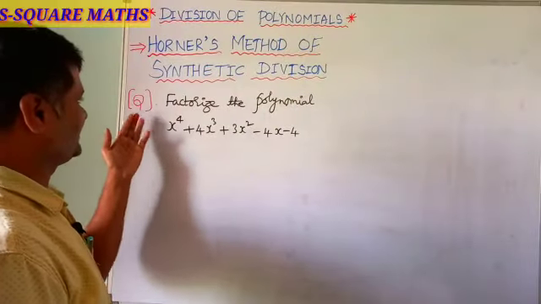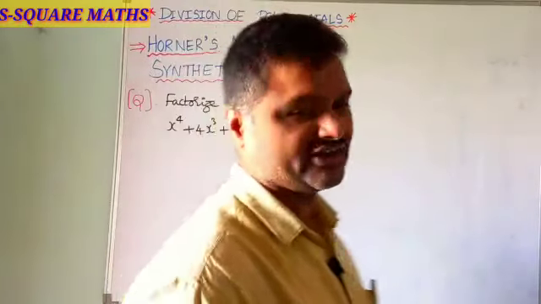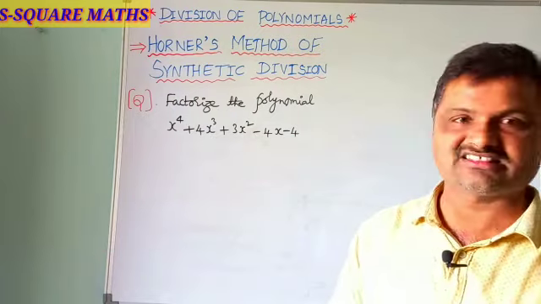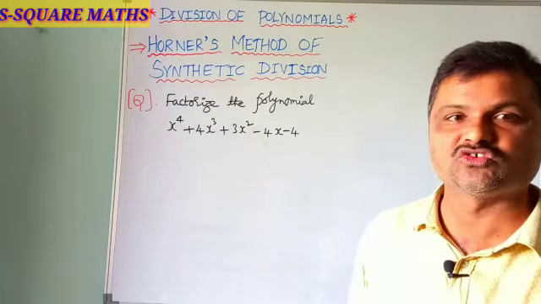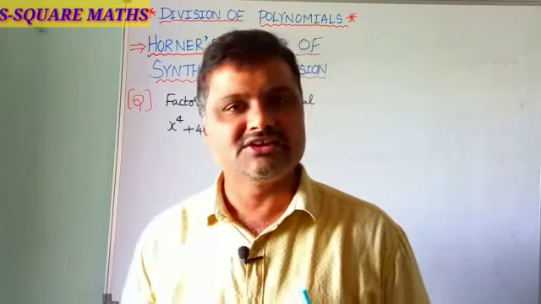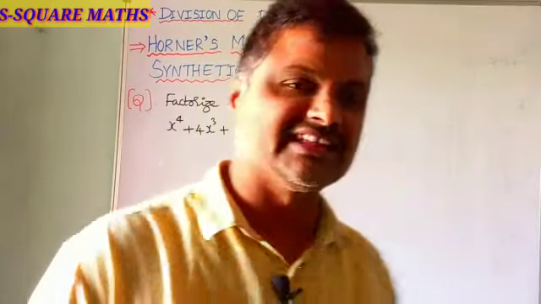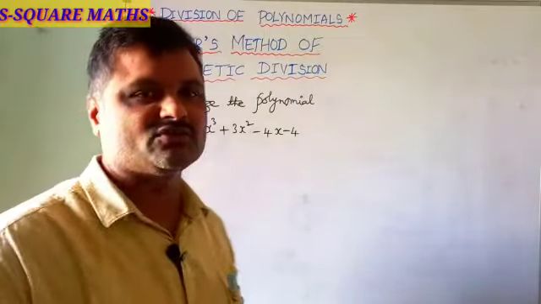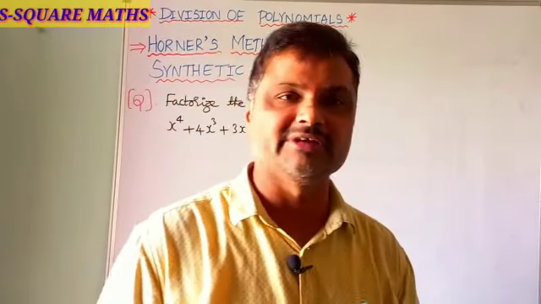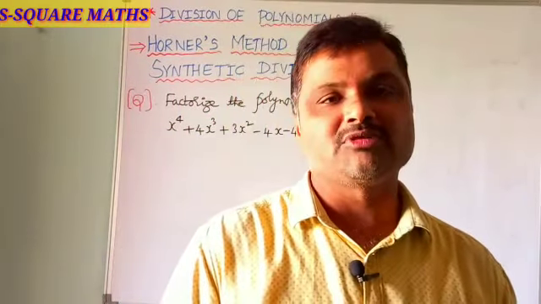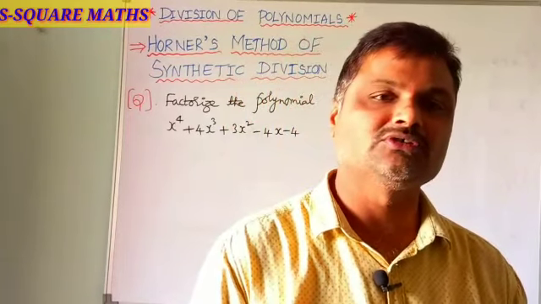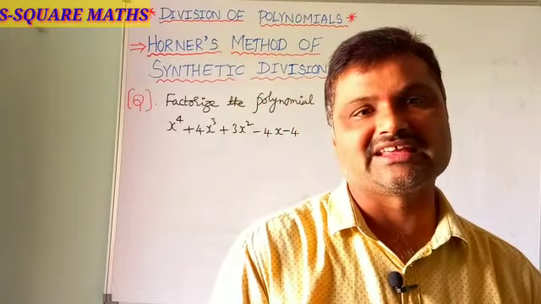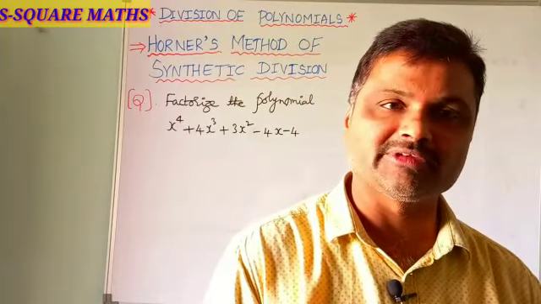Our question is: factorize the polynomial x power 4 plus 4x cube plus 3x square minus 4x minus 4. This is our given polynomial. What is the degree of this polynomial? It is a fourth degree polynomial. A polynomial of degree 4 is said to be a biquadratic polynomial.